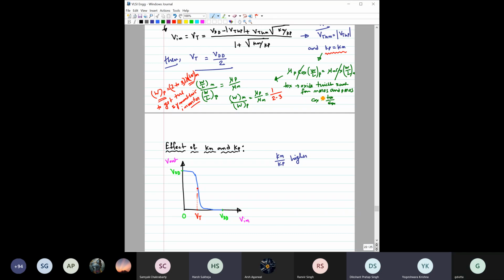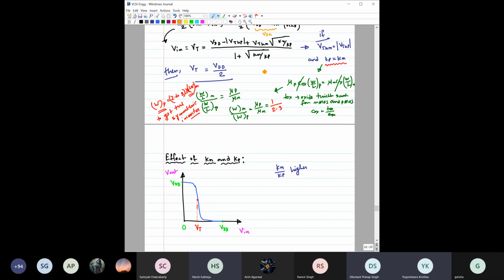From there we can observe that if we increase Kn by Kp, then for obtaining the voltage at which both transistors are in the third region, I don't remember the name.